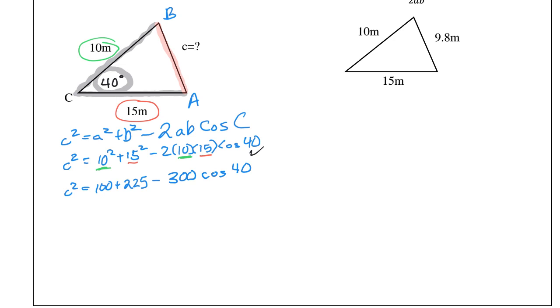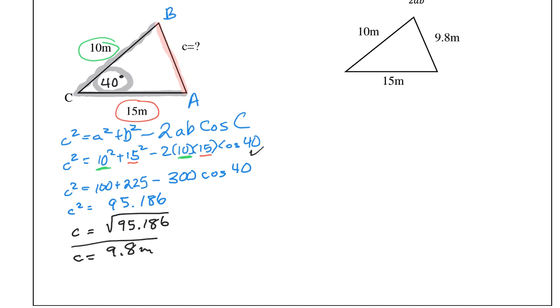Now all you have to do is punch this exactly as you see it on your calculator, and you're going to end up with c squared equal to 95.186. Then to get c by itself, we square root 95.186, which means c is equal to 9.8 meters. And we're done.